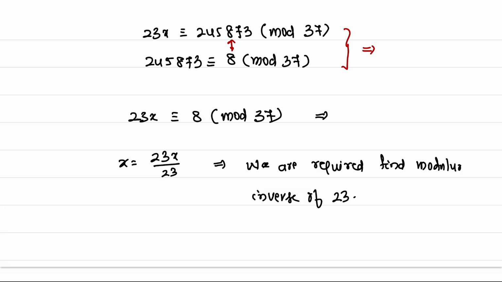What is the modular inverse of 23? I have many times told you how to find the modular inverse of a number.